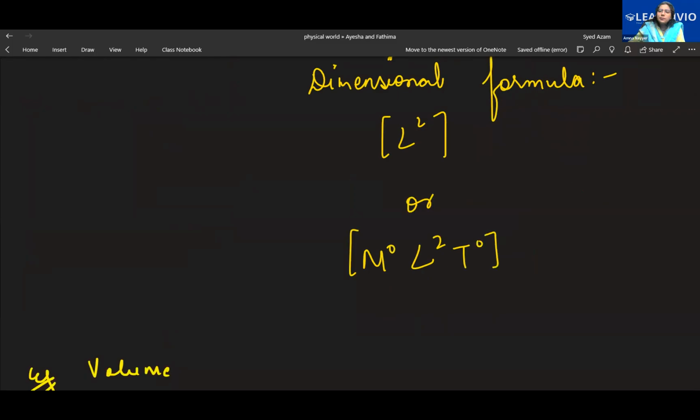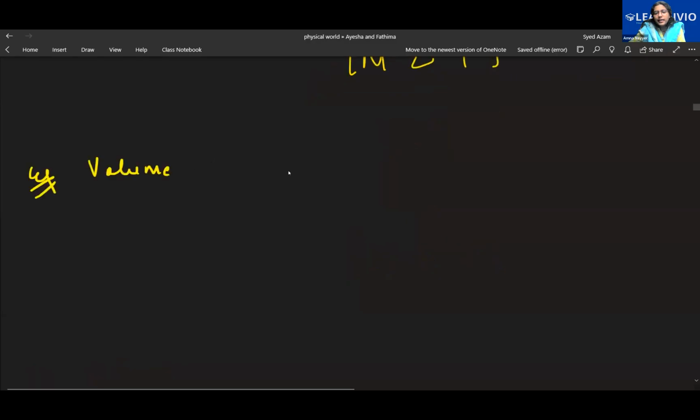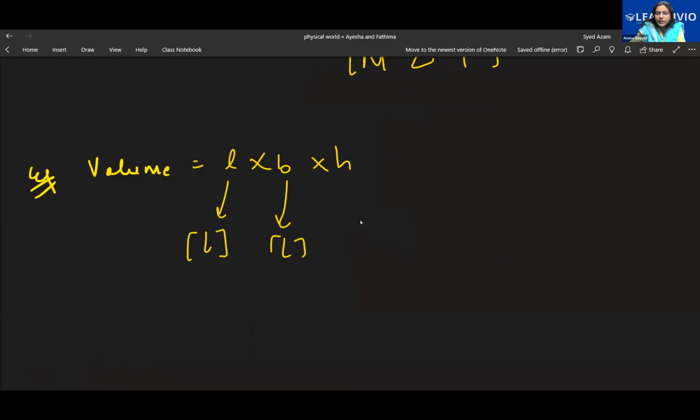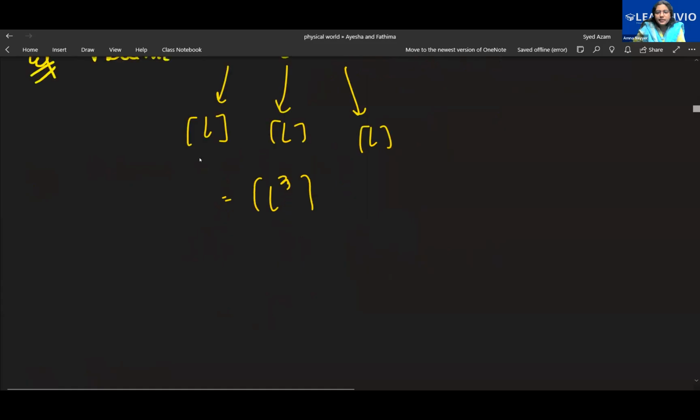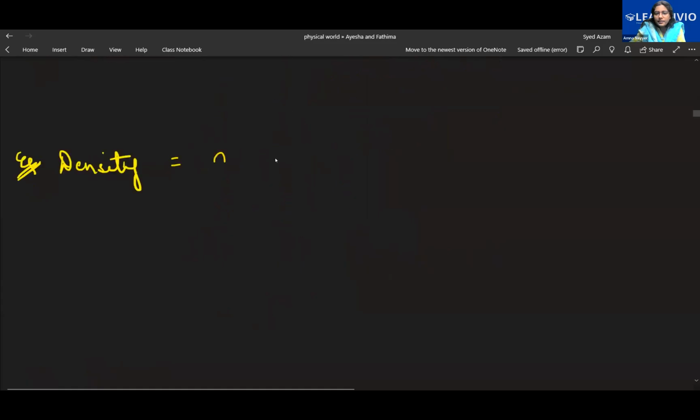Let's see one more example. Volume's formula is length into breadth into height. Length is L, breadth is L, and height is L. So the dimensional formula becomes L cube. Let's take one more example, density. Density's formula is mass by volume.